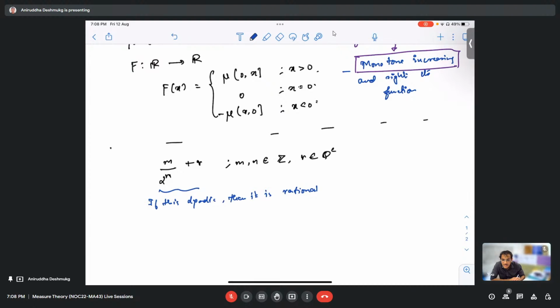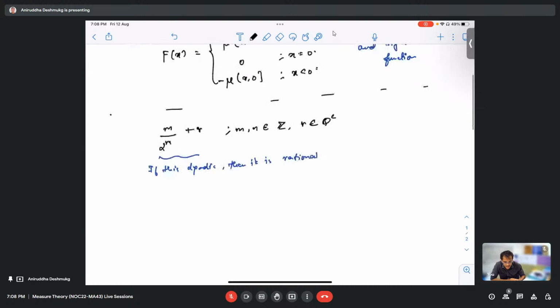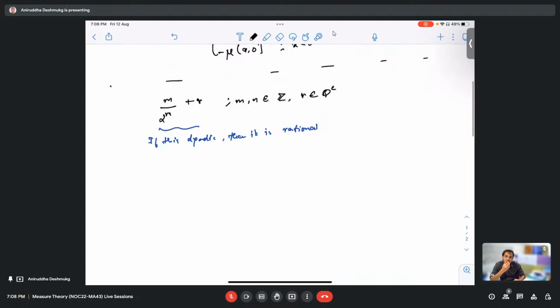Another doubt, sir. In the interval, the boundary points are irrational numbers. Is this collection a sigma algebra, sir? Only irrational boundary points. Then that may not be a sigma algebra.